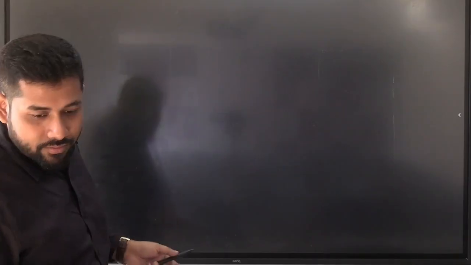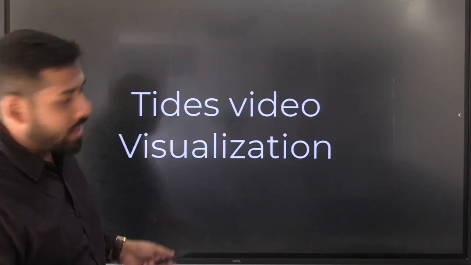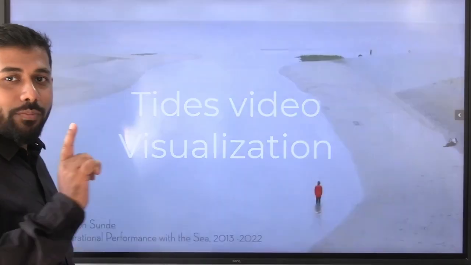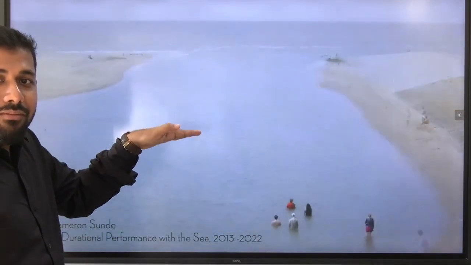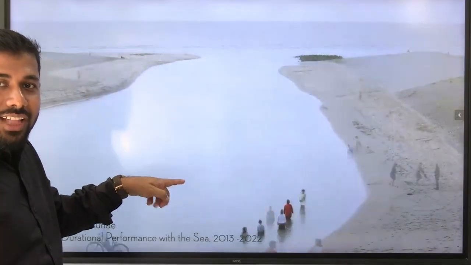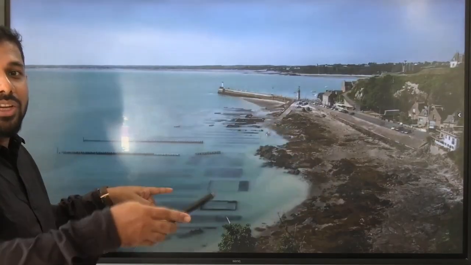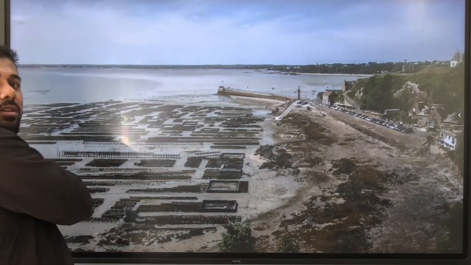Is that clear? Now I'll show you a video. Just see this video clearly, where you can observe that water level is either coming up or coming down. Now see this video properly, right? Yeah, tide video visualization. So basically, you can see here that water level is coming up now, right? But at the same time, again the water level is coming up. Let's see the other picture. Right, can you see the water level has gone down? Absolutely.